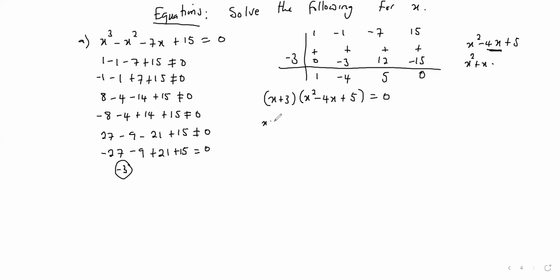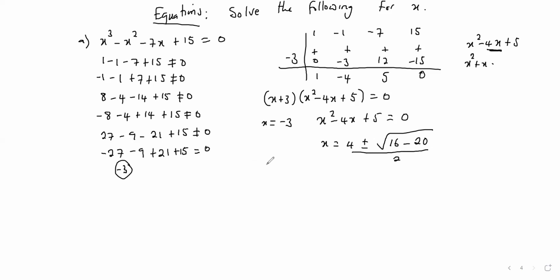So we're going to get x is equal to negative 3, since we are solving for x. And then the other one, x^2 - 4x + 5 = 0. If I can't see the factors, I use the formula. So I'm going to have negative b, which will be positive 4, plus or minus the root of b squared, which is 16, minus 4ac, that will be 20 here, over 2.